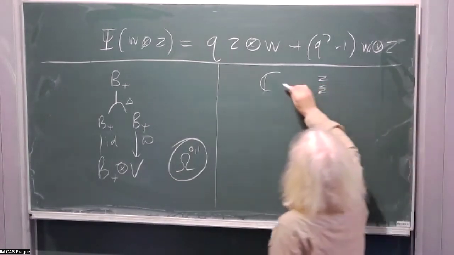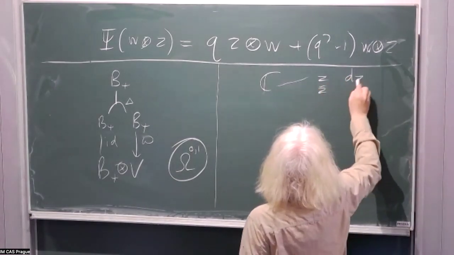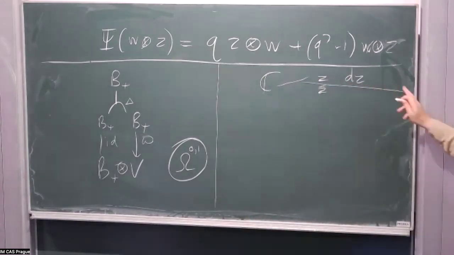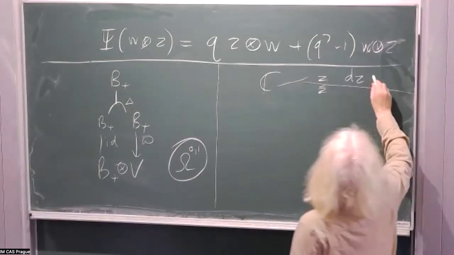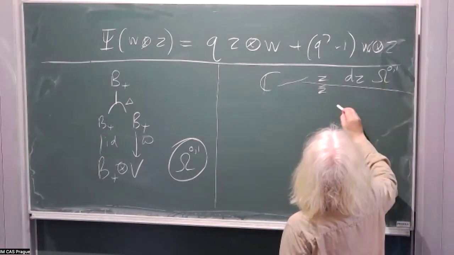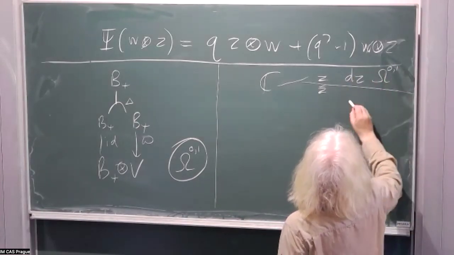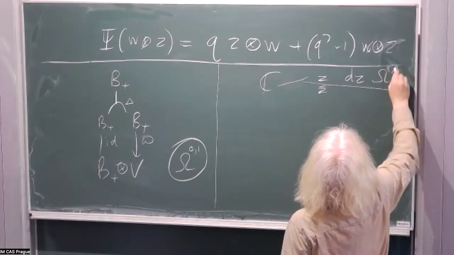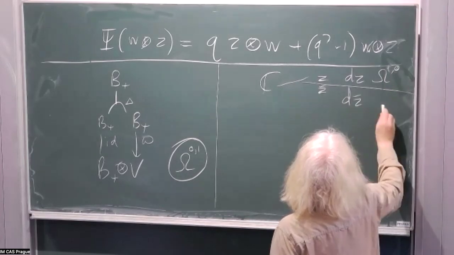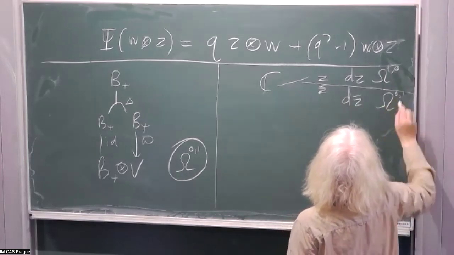So the differential calculus which involves DZs is a differential calculus in its own right. I can just consider DZs and nothing else, and that I'm going to call omega 1, 0. And if I just consider DZ bars, I'm going to call that omega 0, 1.